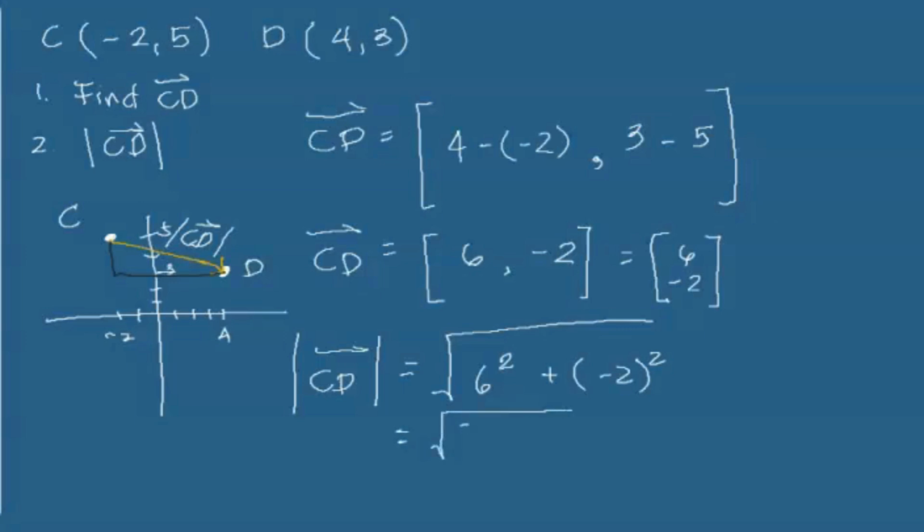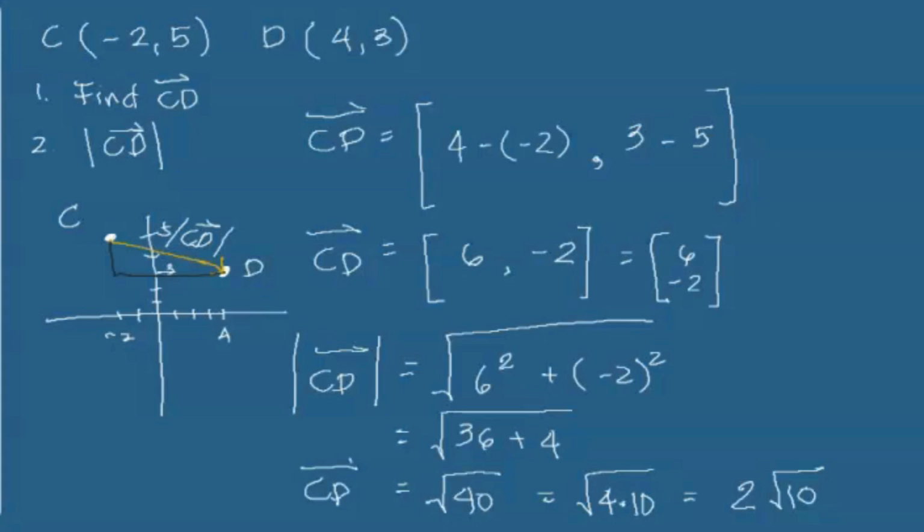So that's the square root of 36 plus 4, so the square root of 40. Simplifying, 40 is 4 times 10. So the square root of 4 is 2. And 10 is just 10, so we keep that inside the square root. So therefore, the length of vector CD is equal to 2 square root of 10.